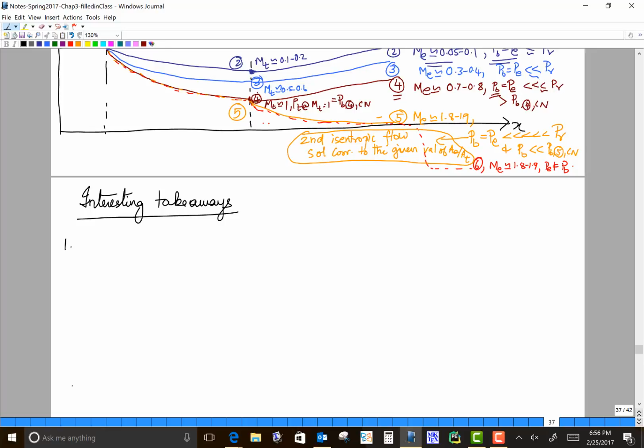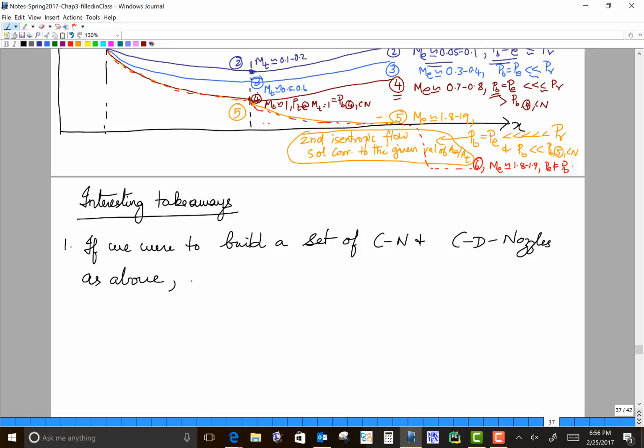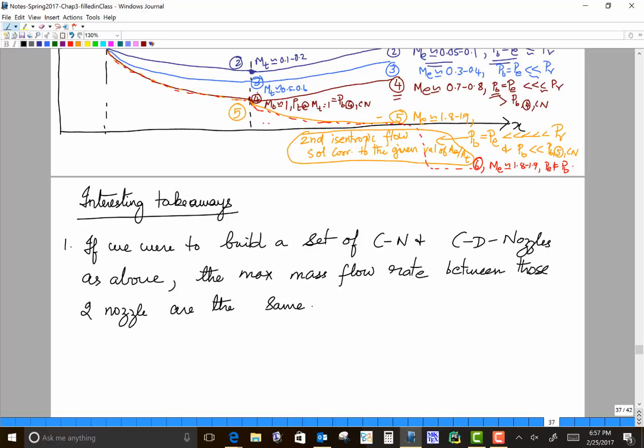The first interesting takeaway is, if we were to build a set of converging and converging diverging nozzles as above, the maximum mass flow rate between those two nozzles is the same. That's the first takeaway.